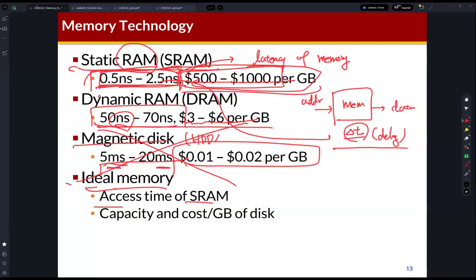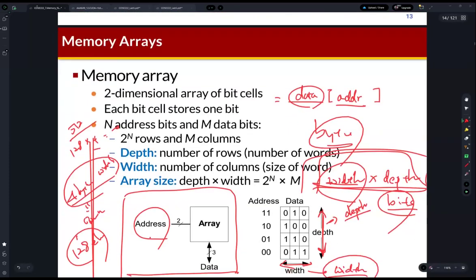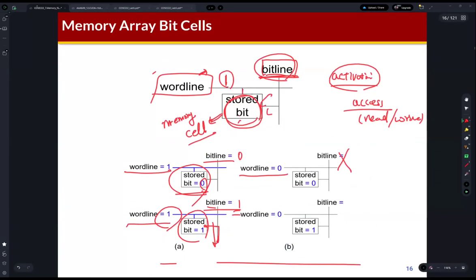This is because we can implement this memory using semiconductor technology, right? But the magnetic disk is a little bit different, a kind of mechanical device. The solid state memory devices can be implemented like this. Most solid state memory devices have the structure like this.